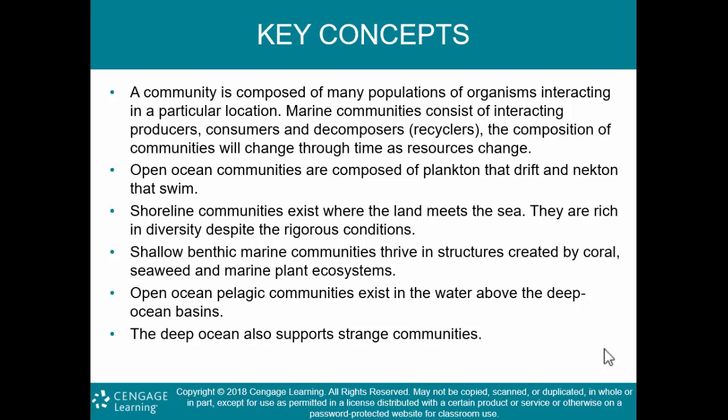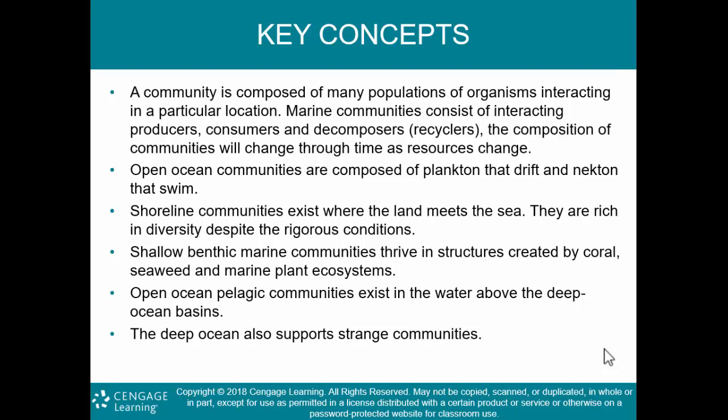Open ocean communities are composed of plankton that drift and nekton, or nektonic creatures, things that actually swim. Shoreline communities exist where the land meets the sea, pretty straightforward, and they typically are very rich in diversity, despite the fact that they're also usually in very rigorous conditions, like the seashore, or maybe a tidal bay. Shallow benthic marine communities thrive in structures created by coral.